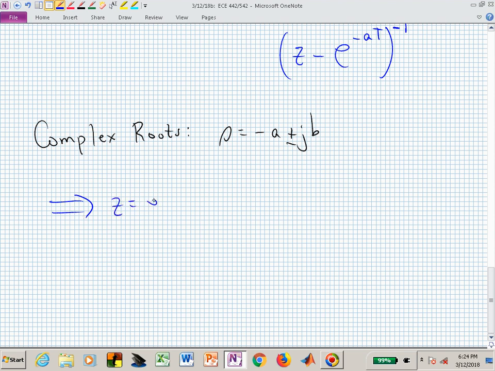Well, we're doing the mapping the same. z is equal to e to the sT, and just replace S with one of those, but we have the conjugate of that. But in this case, let's say it's e to the minus A plus JB, I'll use the one in the positive half plane, times T. Now I can slide that scalar T through both pieces in my exponent, and I have minus AT and I can separate those two pieces into two terms.